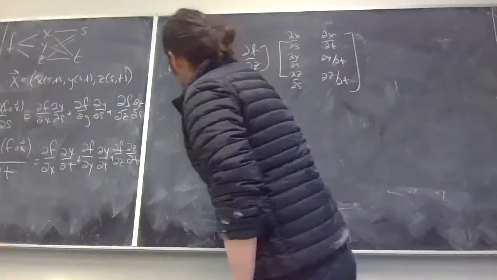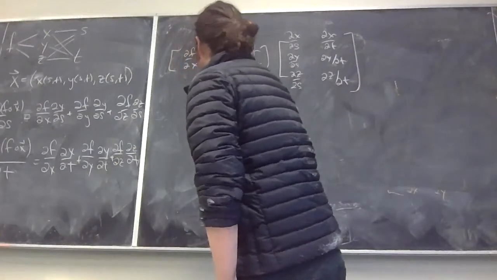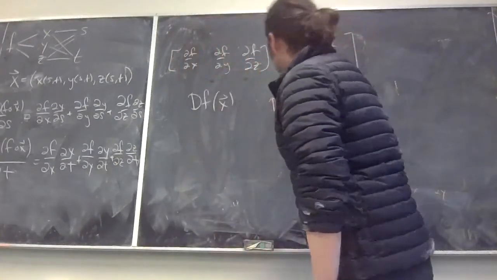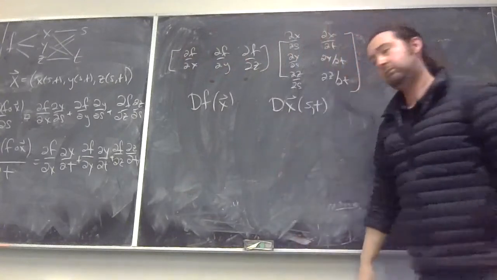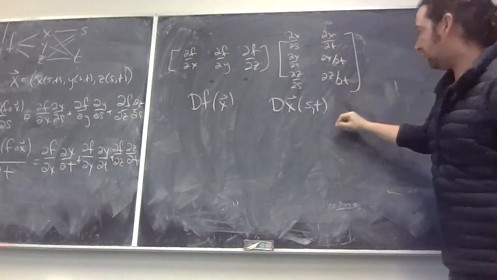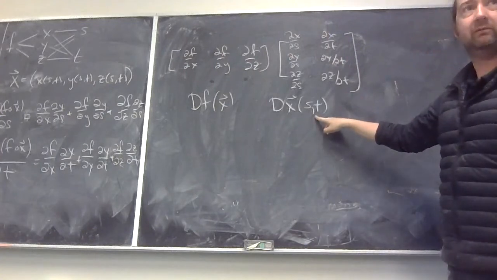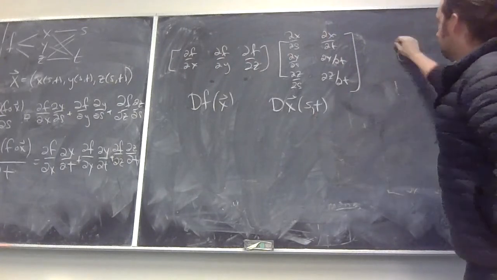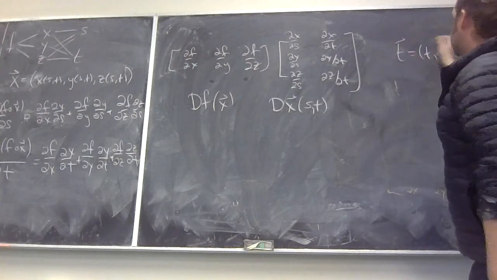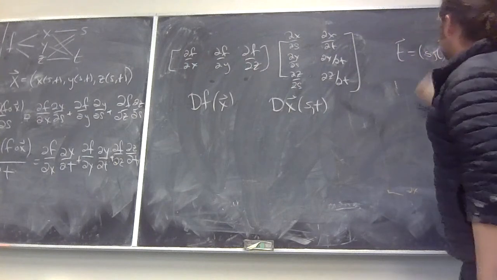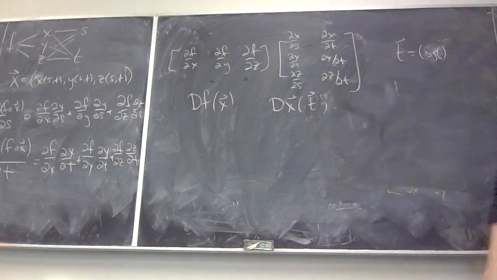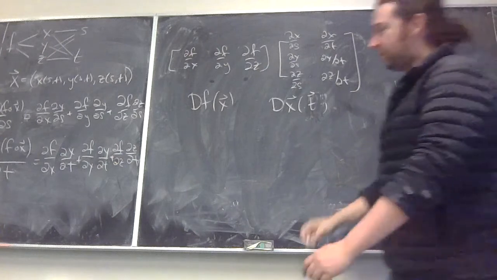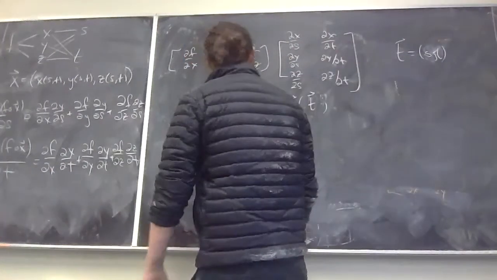This is df evaluated on x times dx evaluated on st. You could call it, the book likes to call this t vector as well, right? So you can think of it as being st, and then this would be in that form. Now we almost have a really elegant looking equation here, except how am I going to glue all this together?